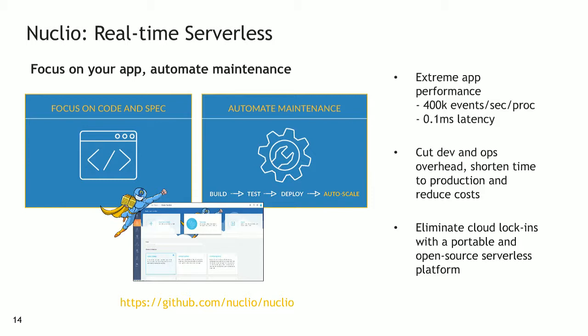And just to give you the highlight, the Nuclio core is capable of handling 400K events per second, addressing HTTP requests at 0.1 millisecond latency. The entire core is written in Go. That is about 50 times faster than Amazon Lambda, and it can work not only in the cloud.